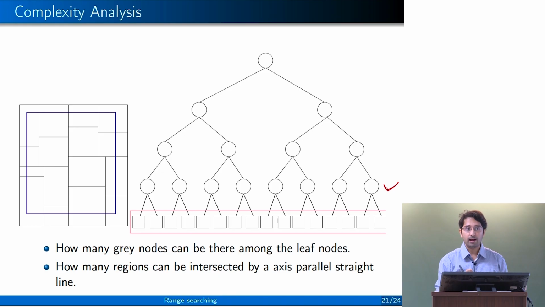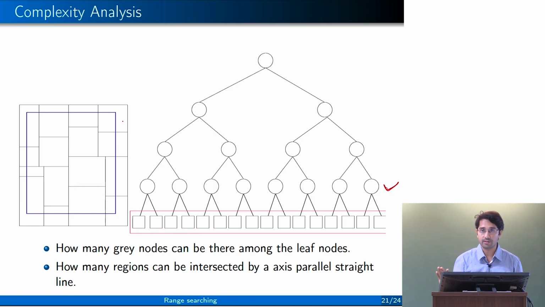Now, tell me, from these elementary boxes at the lowest level, how many boxes can a query rectangle partially intersect? What is the total number of boxes? n. What is the side of each box? Root n. If you have a grid of size n, there are n boxes in the grid. If you draw a straight line, how many boxes can you intersect?